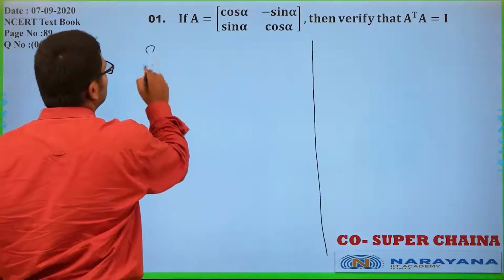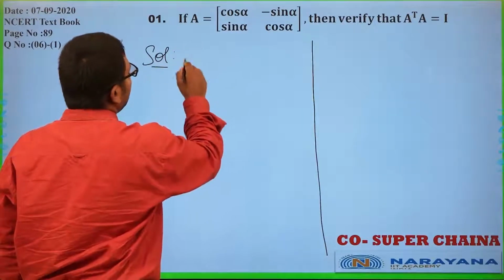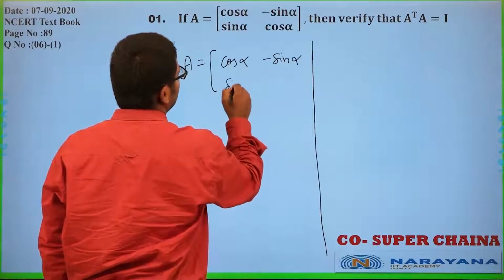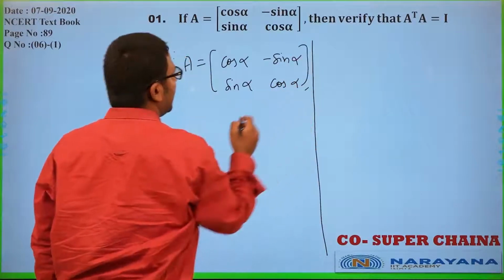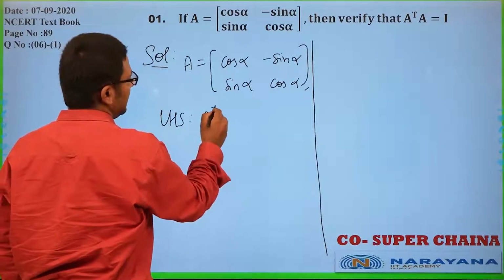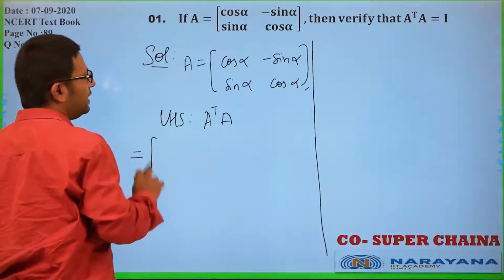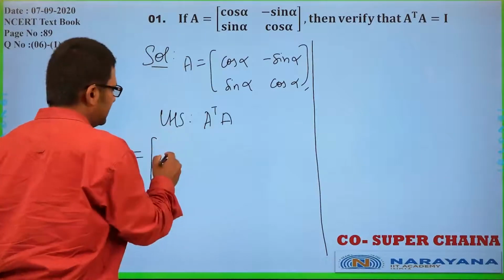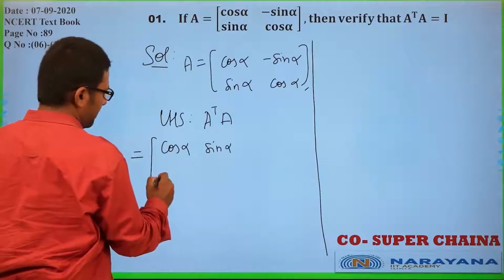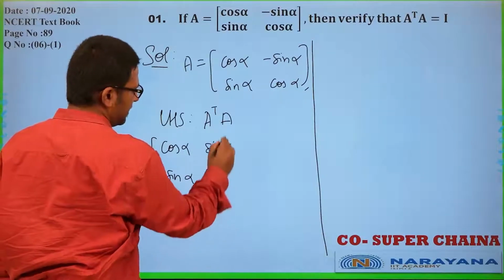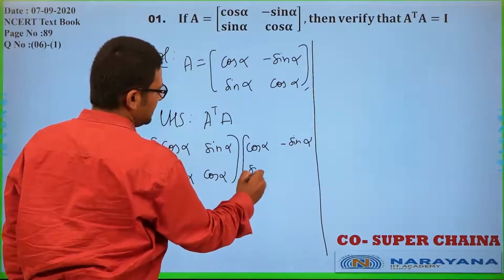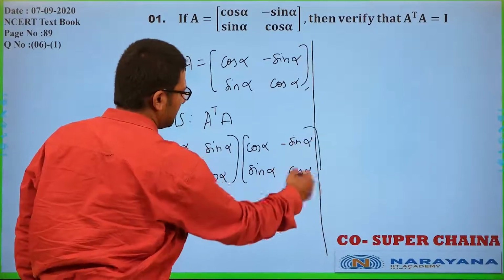So A is cos alpha minus sin alpha cos alpha, and LHS is A transpose A. Now you are comfortable writing transpose, so let us directly write that: cos alpha, sin alpha, minus sin alpha, cos alpha into cos alpha minus sin alpha, this time sin alpha cos alpha, right?